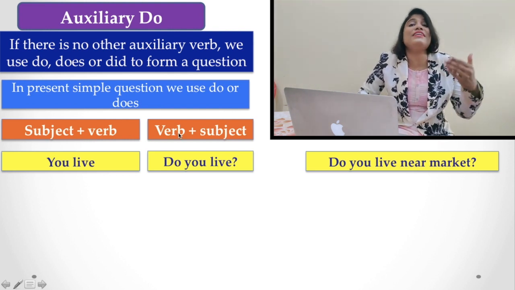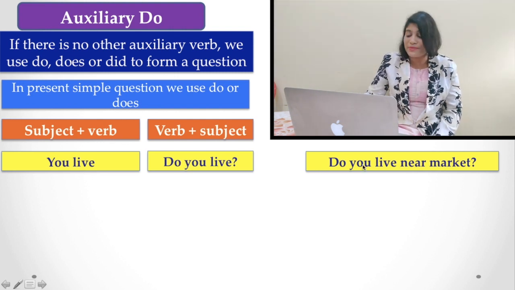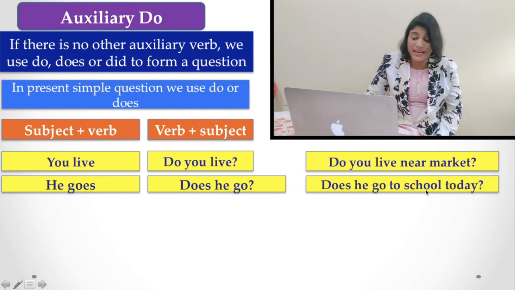But when it is an interrogative one, you put the verb first, then the subject. Here, you live: do you live near the market? Or he goes: does he go to school today?